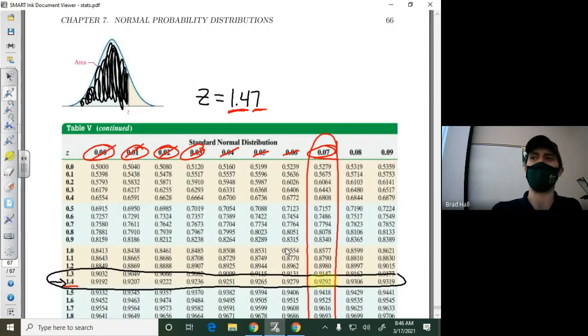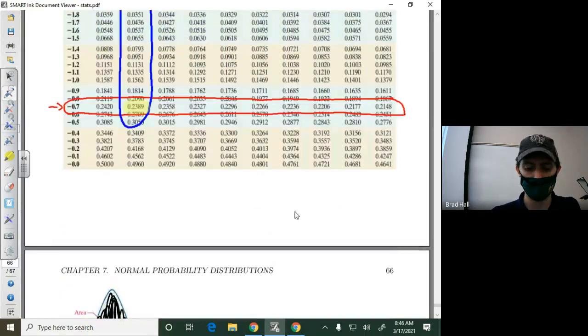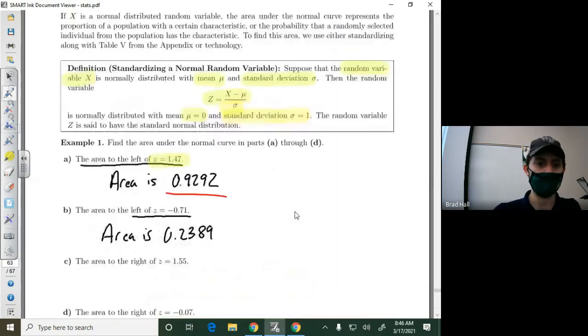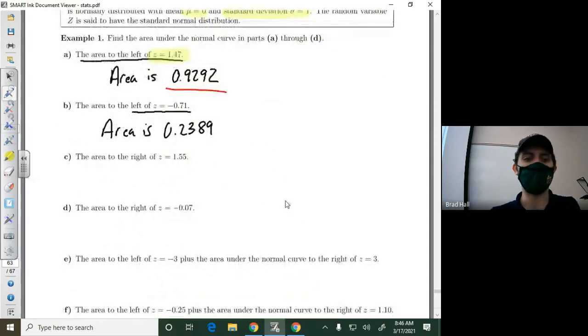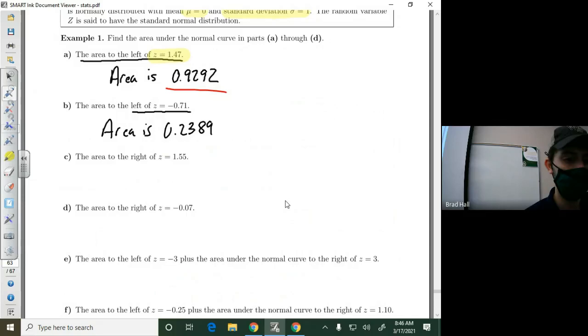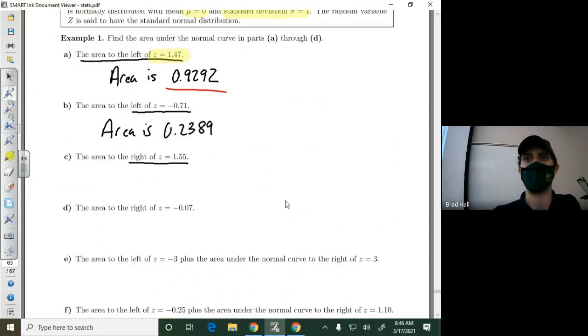So you might think, all right, well, what happens if we try to look at the right? Well, you might see something fairly familiar here. So let's scroll up and look at part C here. The area to the right of z is equal to 1.55.